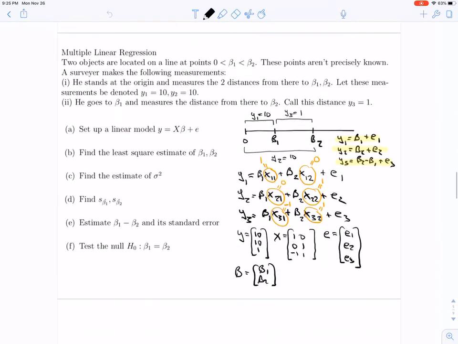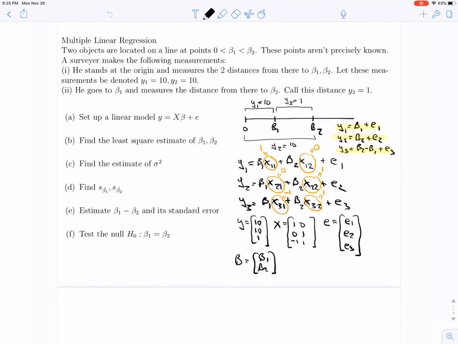So to give you a little bit of practice, we looked at this multiple linear regression problem. I wanted to give you an application of multiple linear regression different from what you've seen. This is an example where beta 0 is 0, and so we have two unknown constants, beta 1 and beta 2. Beta 1 is less than beta 2.